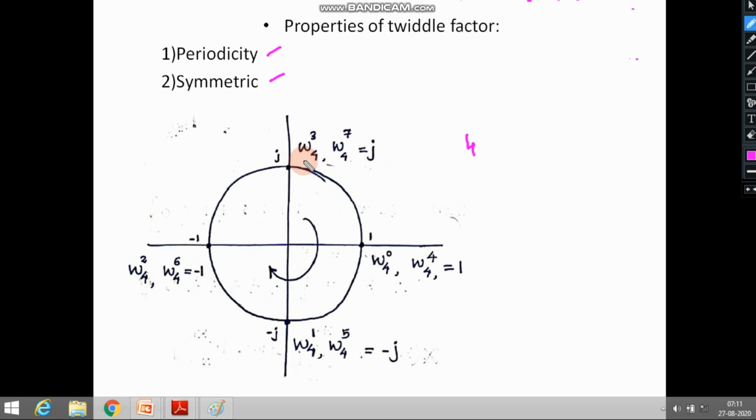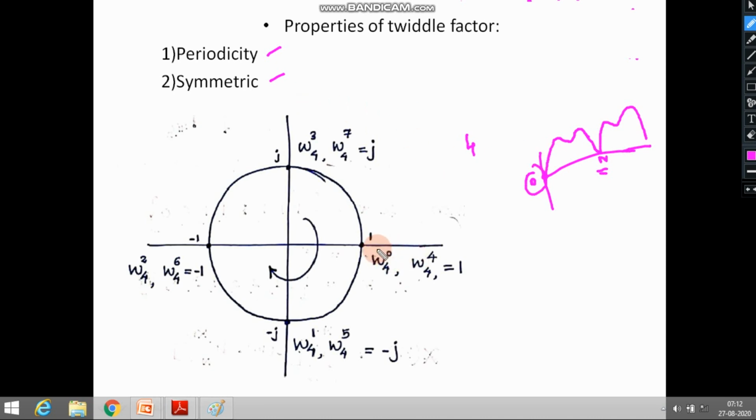Then after this point, again it is repeating, like what we have told about the output spectrum we are obtaining. After N, the spectrum is repeating, and this repetition and periodicity is obtained due to the twiddle factor.